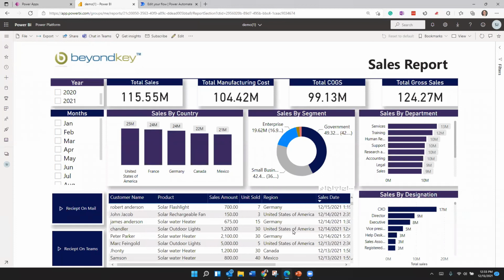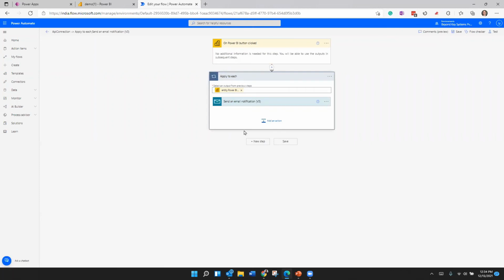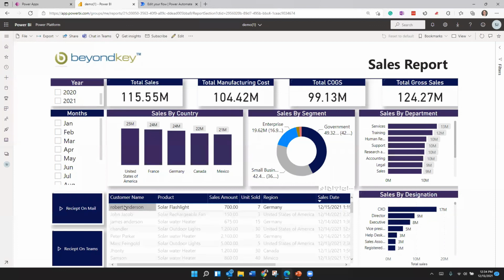So with that, I'm going to flip to the third tool, which is Power Automate. And you can see here in Power Automate, there's a thing here that says once the Power BI button is clicked, it automatically sends an email or an email notification out to the respective people. And what that is very simply saying is we created a flow here on Power Automate where if I want to reach out to Robert Anderson, I click on Robert Anderson, I click on receipt on mail or receipt on Teams.